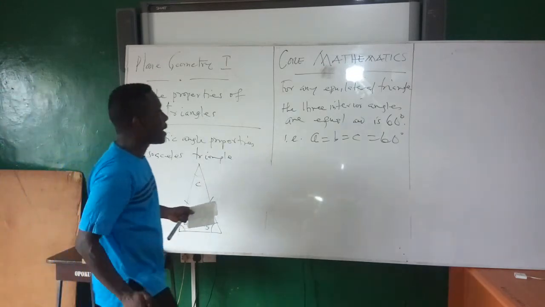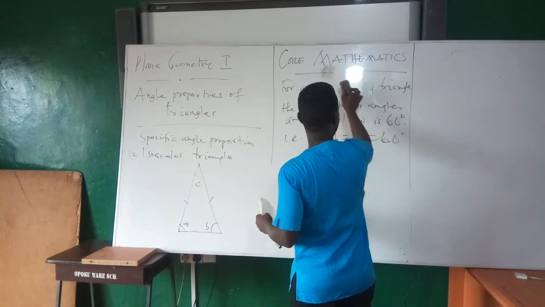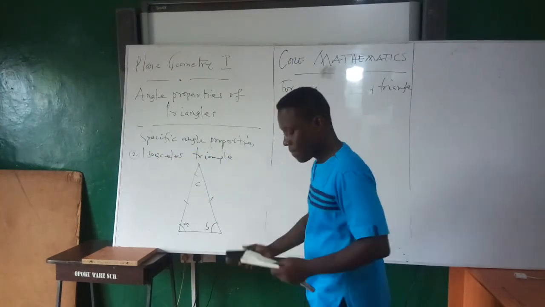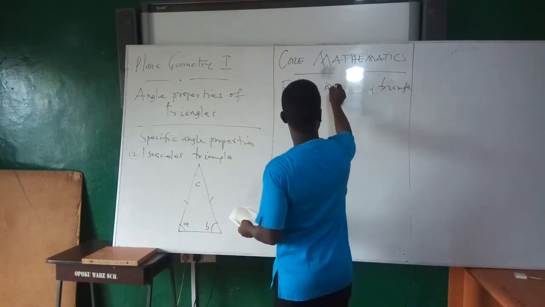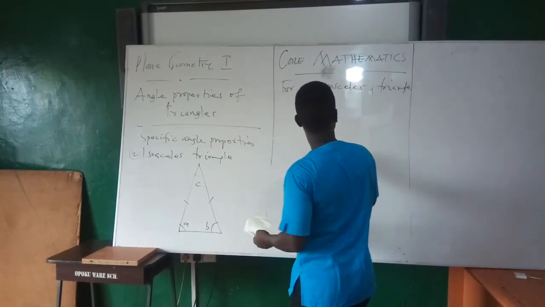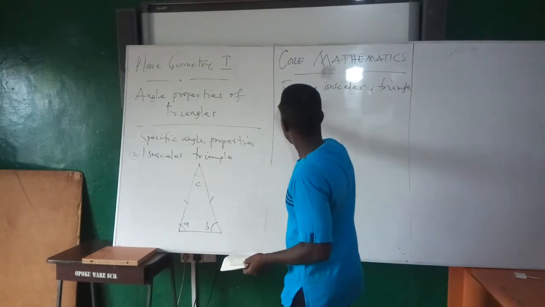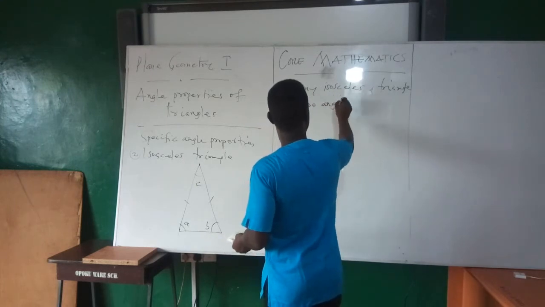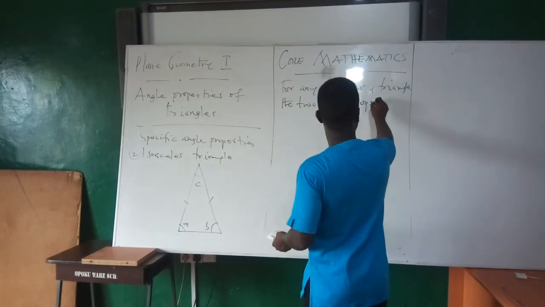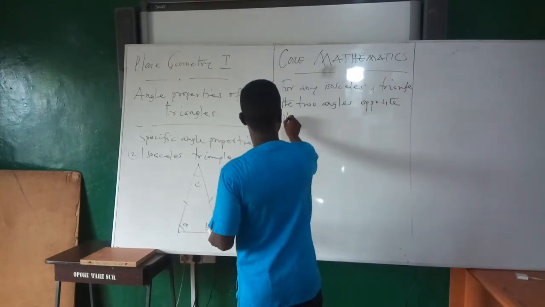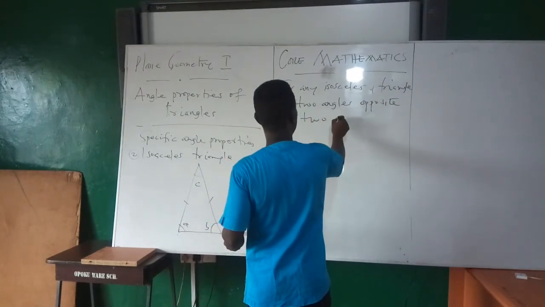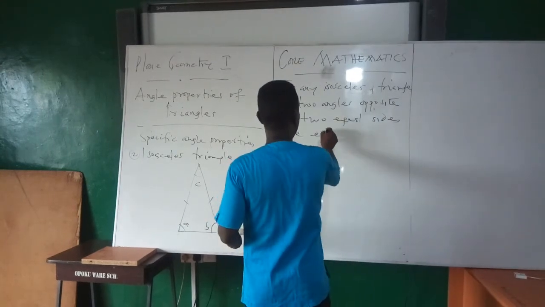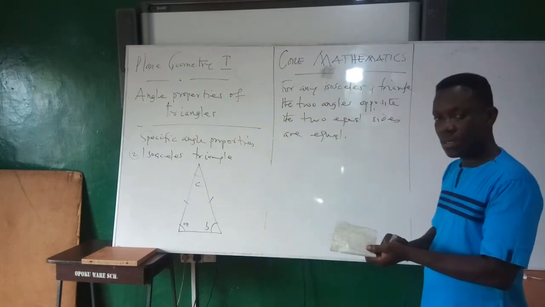Now, what can we say about an isosceles triangle? For any isosceles triangle, very interesting, the two angles opposite the two equal sides are equal. Very important.